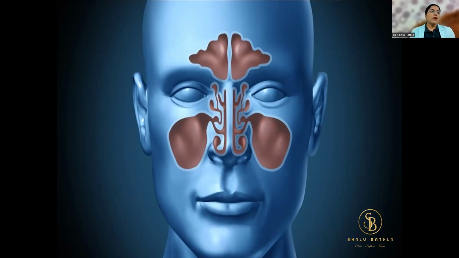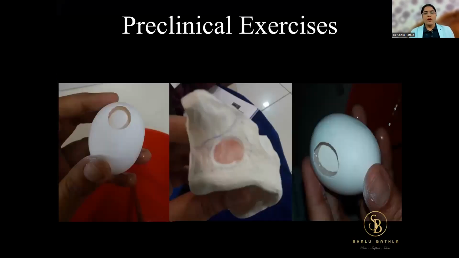You can put the implants in the maxillary sinus also, but how you need to put them, you need to know. So before placing implants in the sinus, you need to do some preclinical exercises, and never hesitate to do any preclinical exercises. You take an egg and you try to raise the membrane which is there.